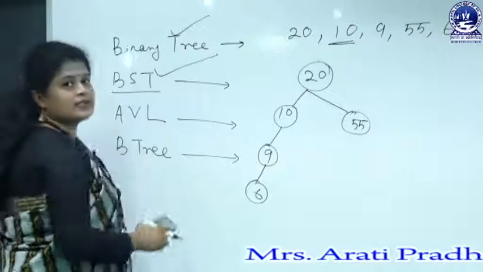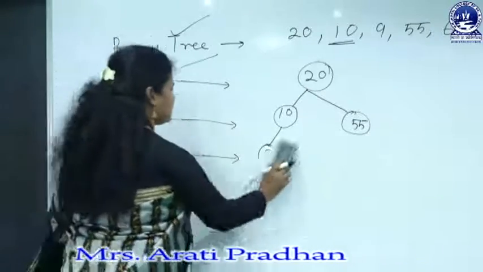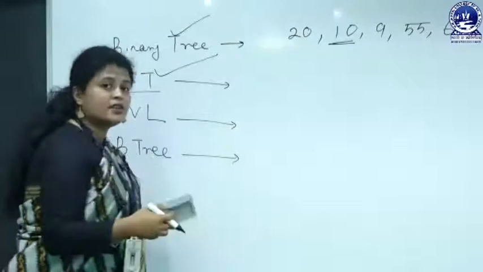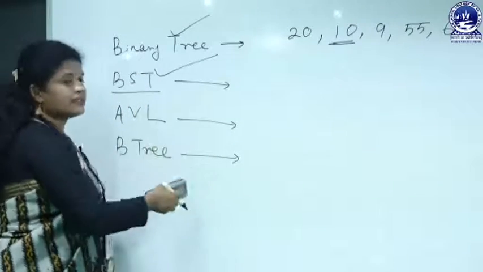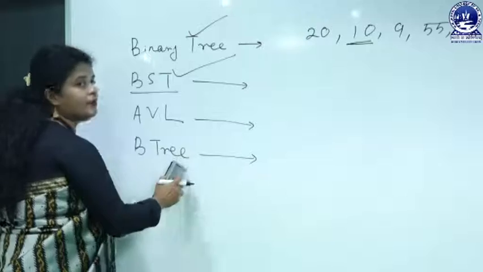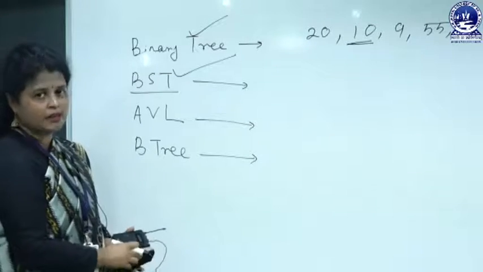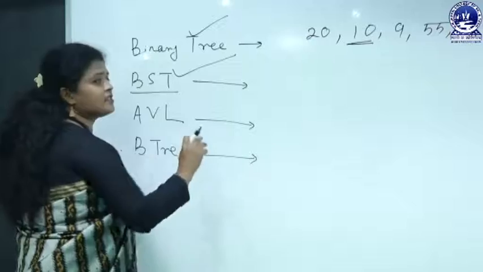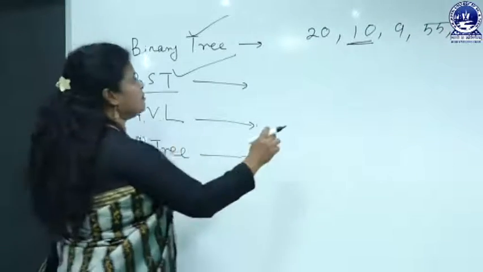Now we will discuss AVL. Very important one. I am just discussing the introductory part of all this, and in the next class we will discuss AVL and B tree, which are very important in design and analysis of algorithms. Here I am just showing one very simple example.